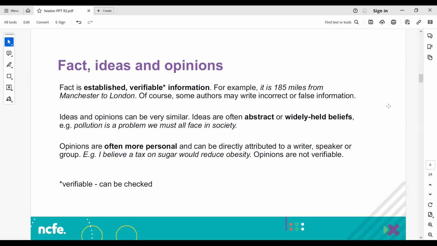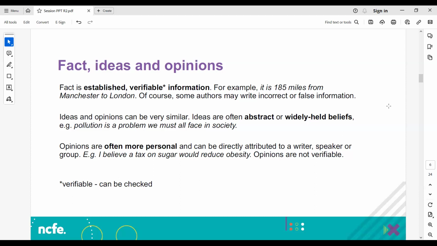So facts and figures that are given in a text, usually they would be true, so they would be verifiable. If it's giving percentage increases in how many people stopped smoking, for example, then that's verifiable. You can go away and check it.